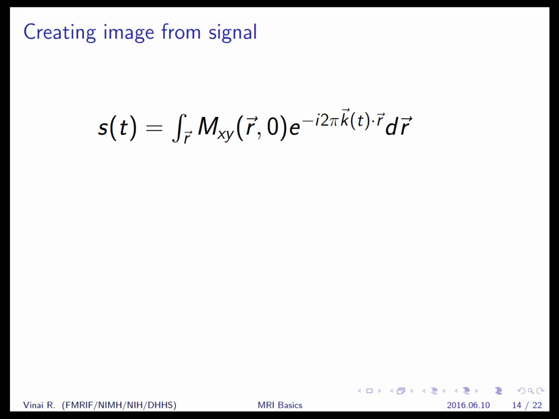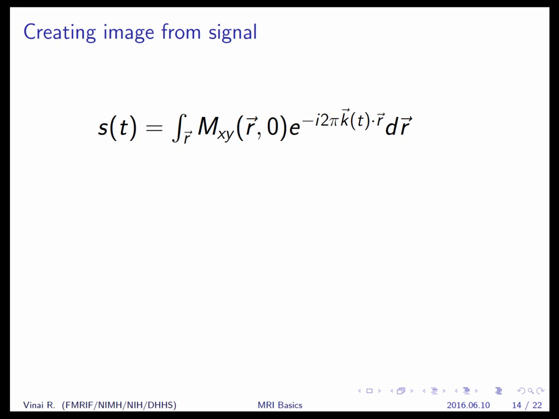And then just lastly, this is the last equation I have. The signal that you detect is essentially a volume average or volume addition of this symbol here, the Mxy, which means the magnetization in that plane in x and y. And this here is essentially the effect of the encoding gradients.